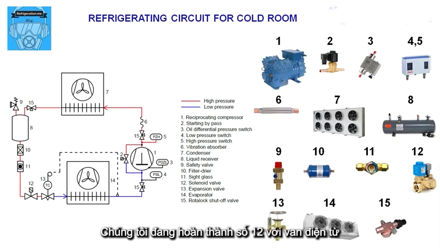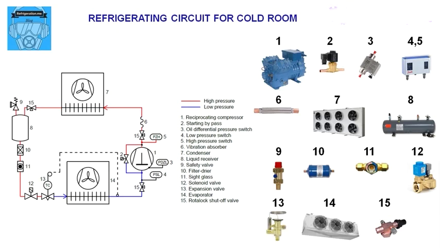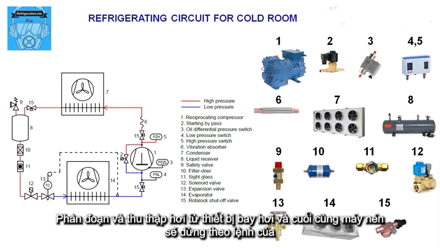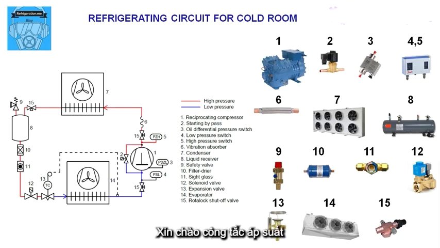We are finishing in number 12 with the solenoid valve. It is used to shut off liquid feed to the evaporator when the thermostat orders. The compressor will continue suctioning and gathering vapor from the evaporator, and finally, the compressor will stop by the order of the low pressure switch. To empty the evaporator is a good thing for the defrost operation.